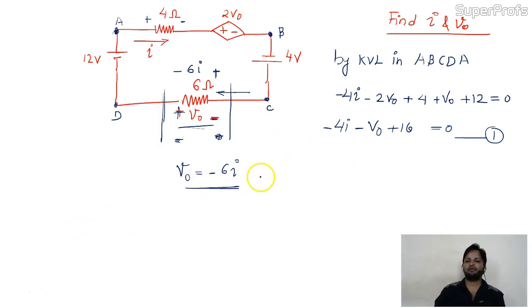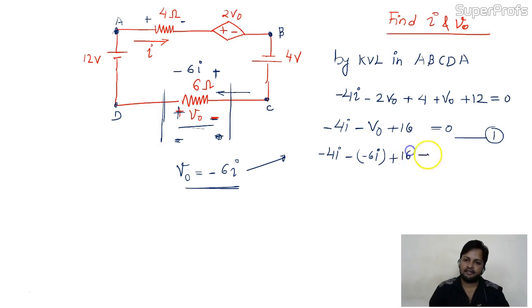Now we have two equations, two unknowns. So I'll put the V0 value in this equation. Minus 4I, minus sign already given here, and V0 is nothing but minus 6I, plus 16 equal to 0. Now see, minus 4I plus 6I plus 16 equal to 0. Now 2I equal to minus 16.